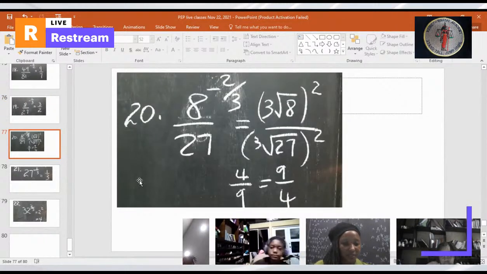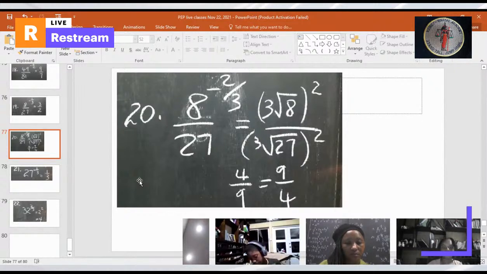All right, Imani, you take this one. Okay, miss. We're given 8 over 27 to the negative 2 over 3 power. First we're going to find the cube root of 8 and 27 and raise it to the power of 2.